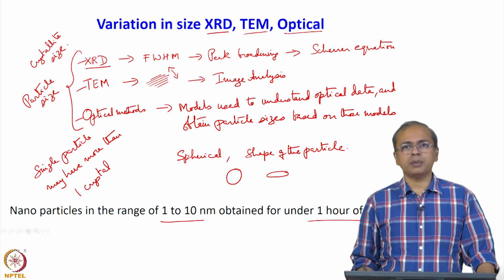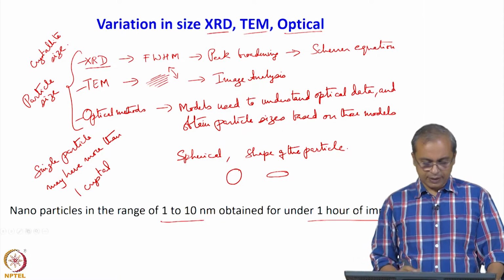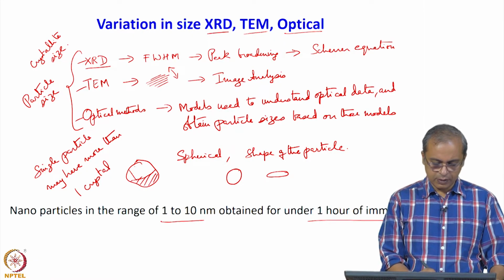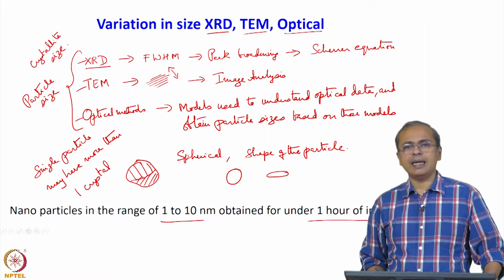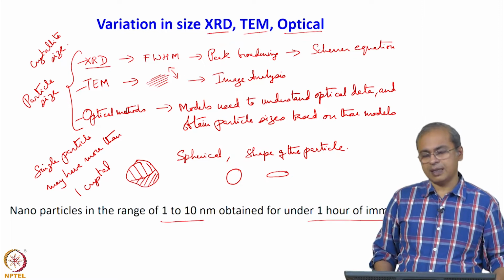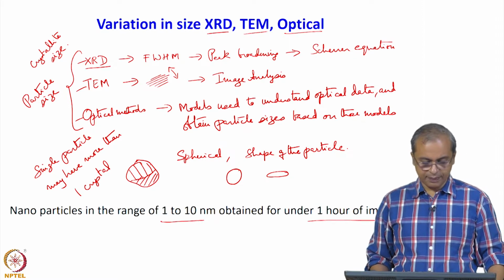So this is quite possible. In the TEM you see a particle that looks like that, but actually it consists of two crystals here. And based on how that particle is oriented, you may or may not completely capture this information.